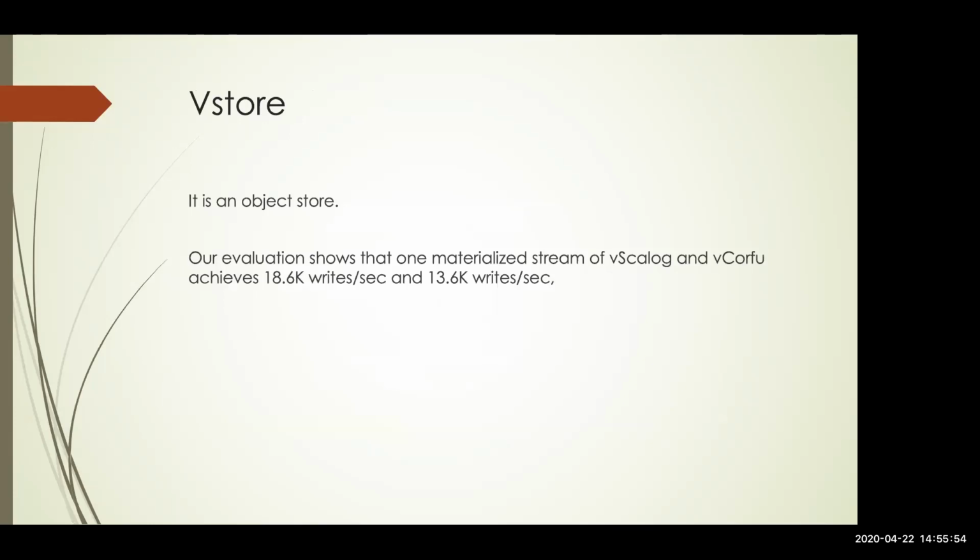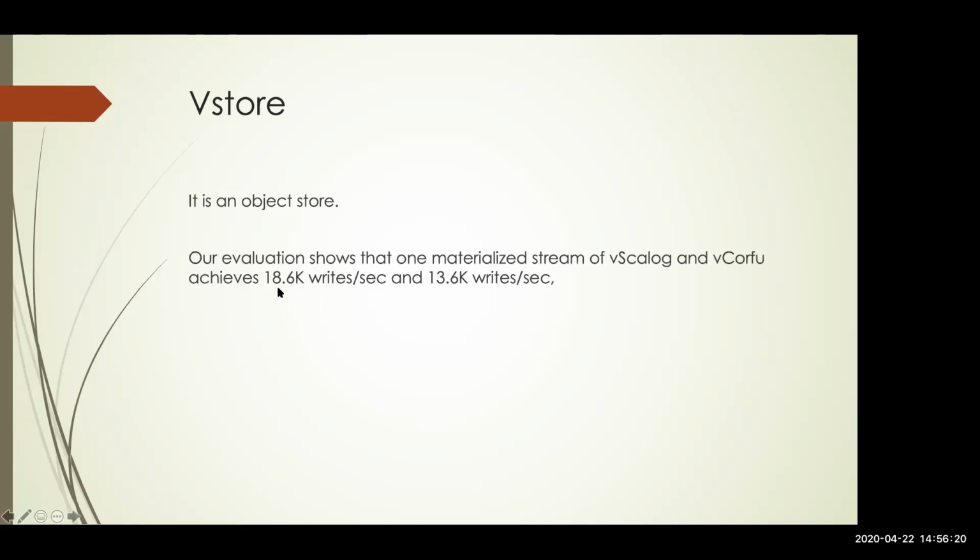So the client has to write to both the global log as well as the materialized log for that object. In the case of Scalog, each object is mapped to a shard, so it does not maintain, I think, a separate log for each object.